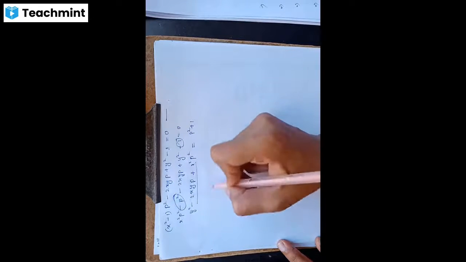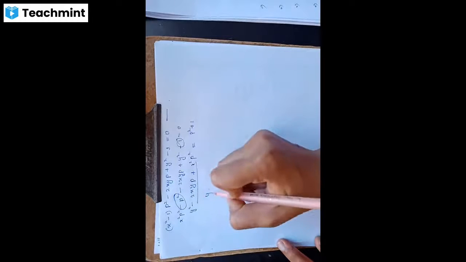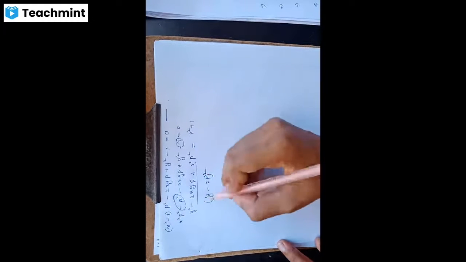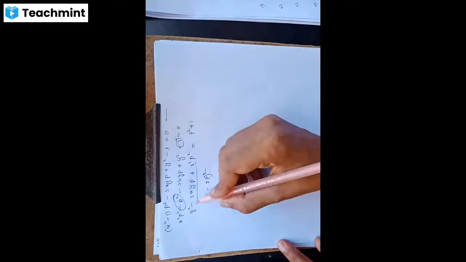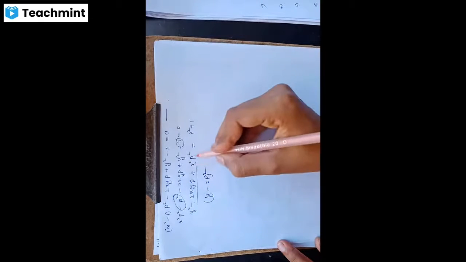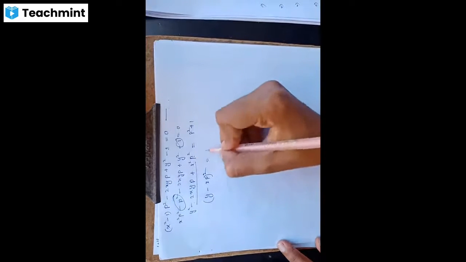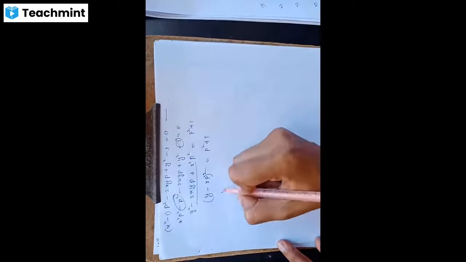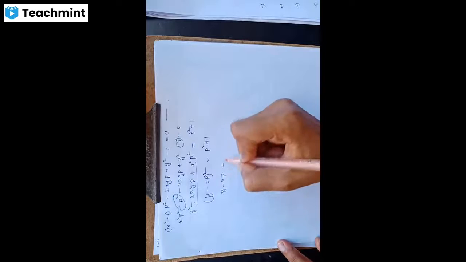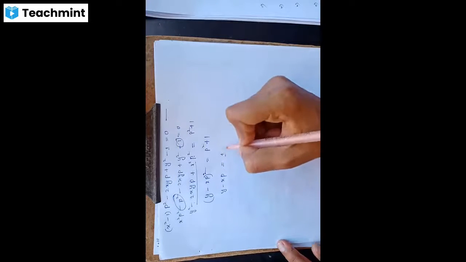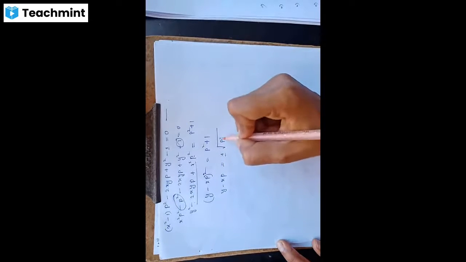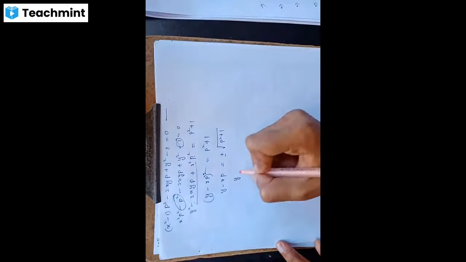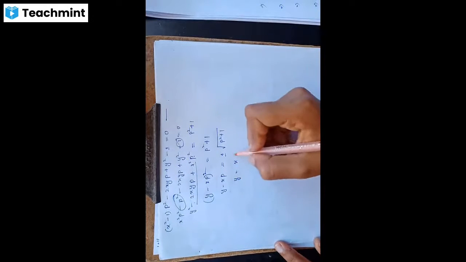If you observe this, it is in the form of the (a − b) whole square formula: a² − 2ab + b² = p² + 1. So y − xp = ± √(p² + 1). So y = xp ± √(p² + 1), taking xp to the RHS.